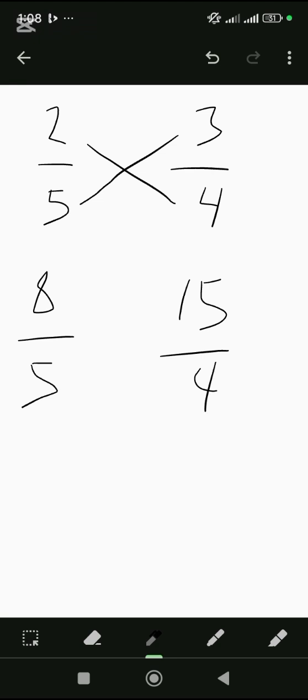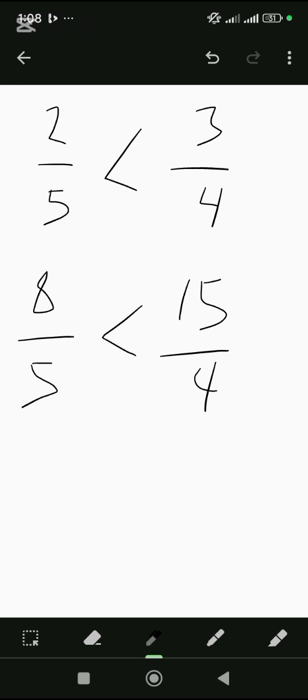Now we can see that 8 is smaller than 15, so we can simply say 8 over 5 is less than 15 over 4. It also means that the original question will also be this way. Okay, so this is what it means.